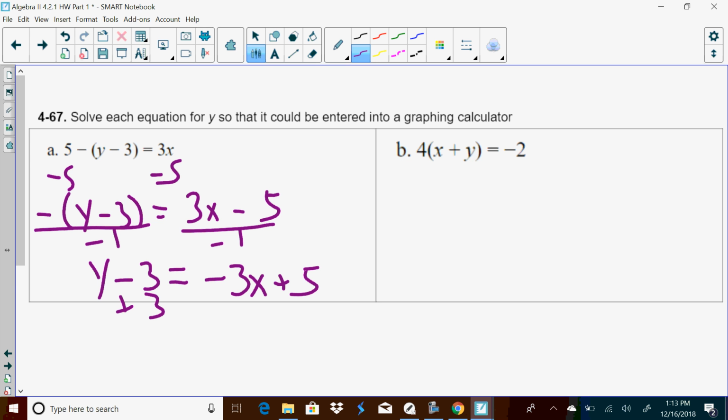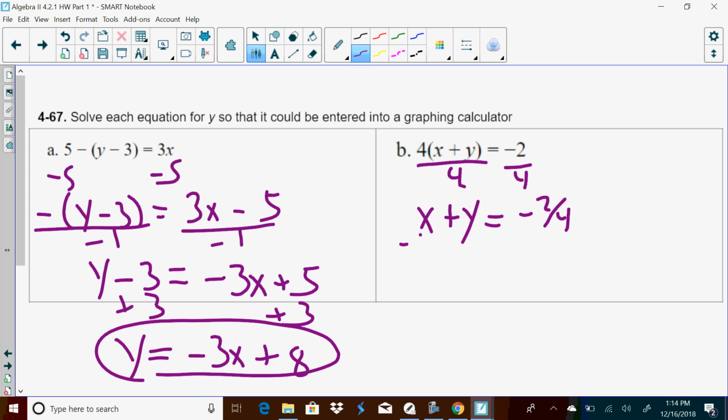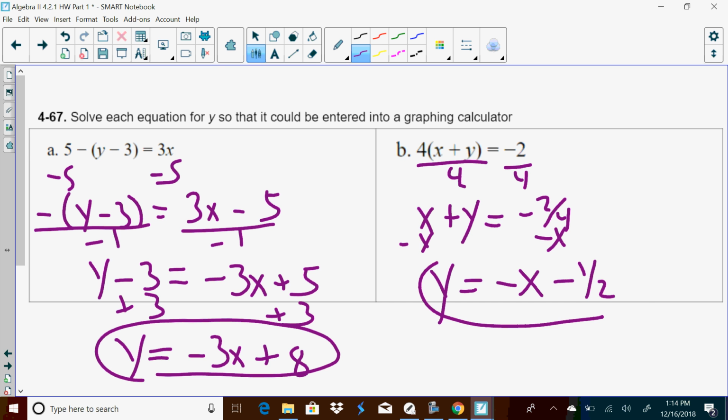Add 3. So y equals negative 3x plus 8. This one, divide both sides by 4. So I get x plus y equals negative 2 over 4, or negative 1/2. Subtract x. So I end up with y equals negative x minus 1/2.